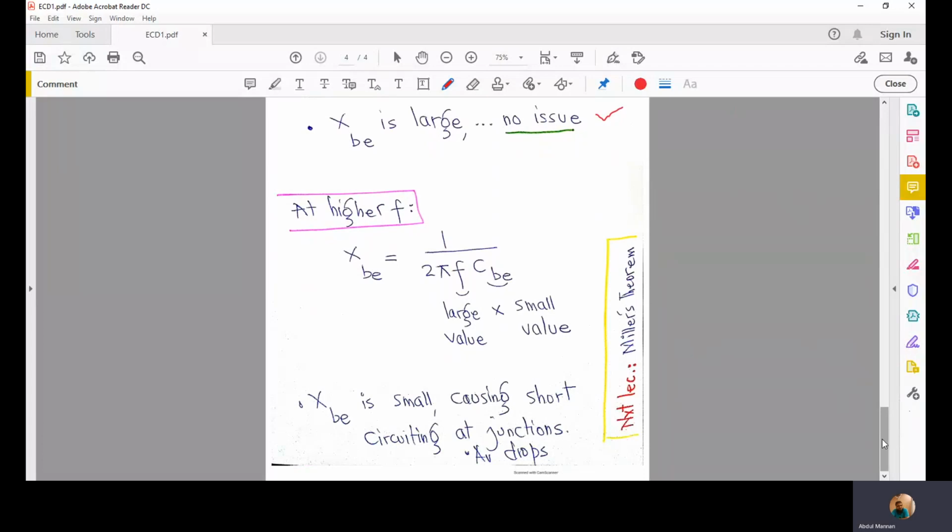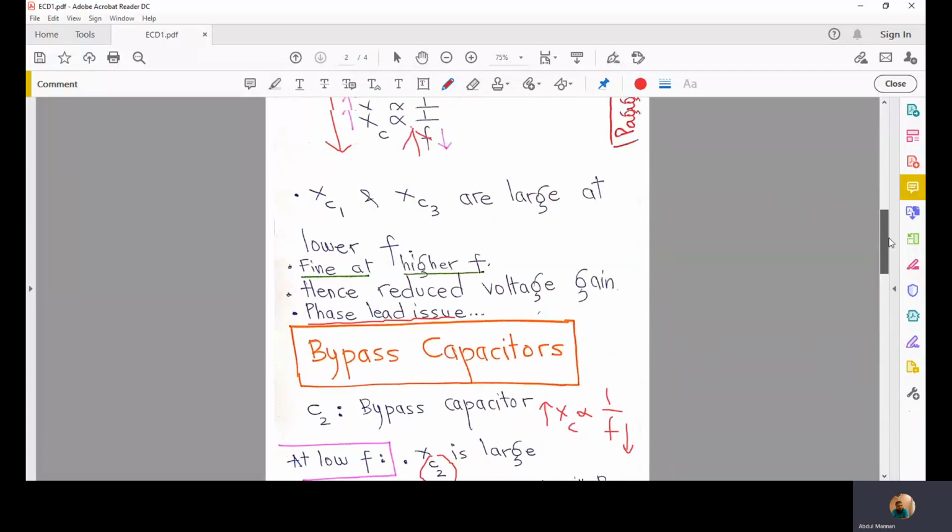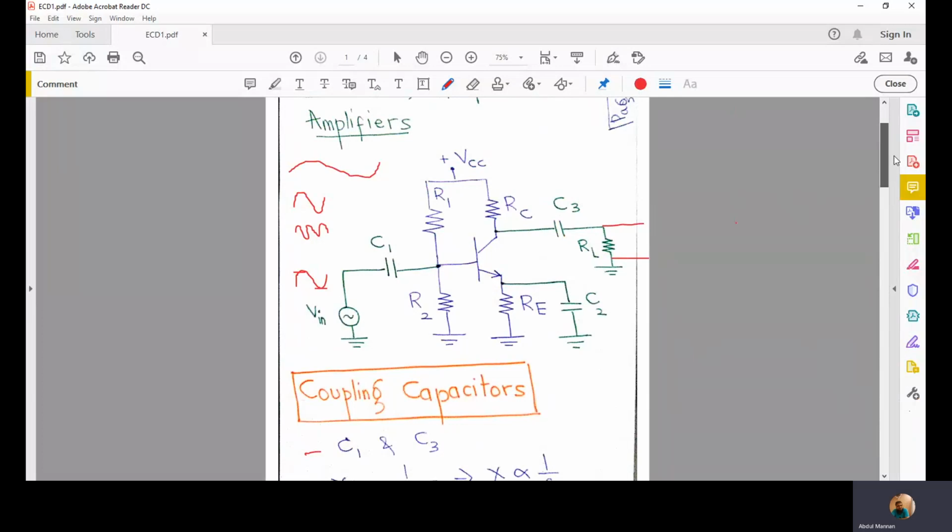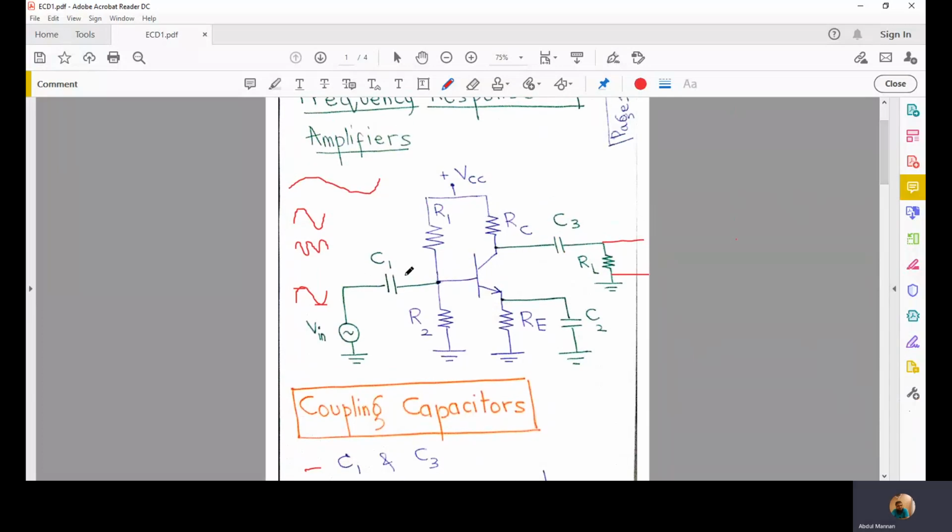So in short, we have two types of capacitances in a transistor based amplifier. The externally connected capacitors play their role to reduce the overall voltage gain at lower frequencies, and these junction capacitances, they are built in, not externally connected, they are part of the transistor, and they play their role to reduce the overall voltage gain at higher frequencies.